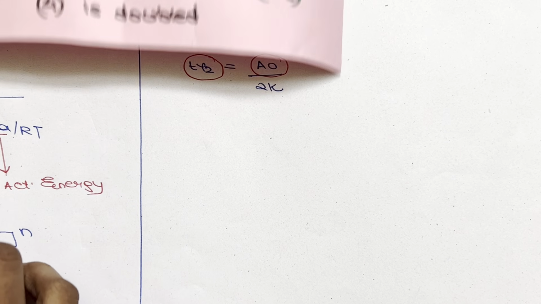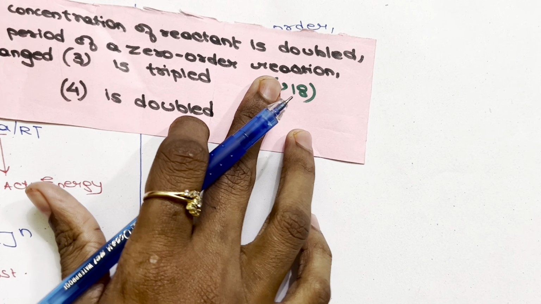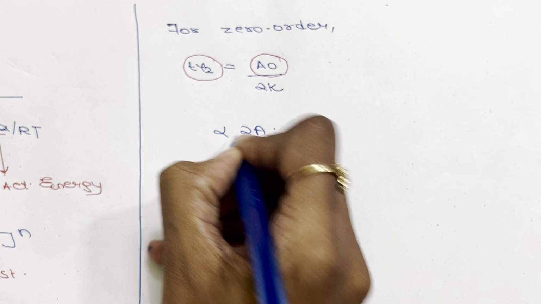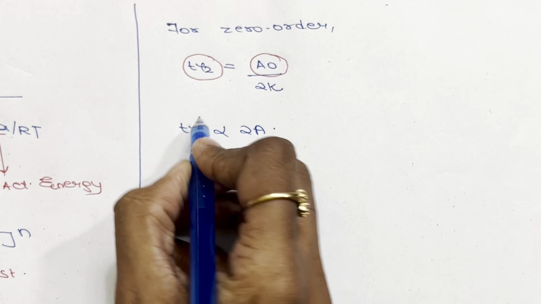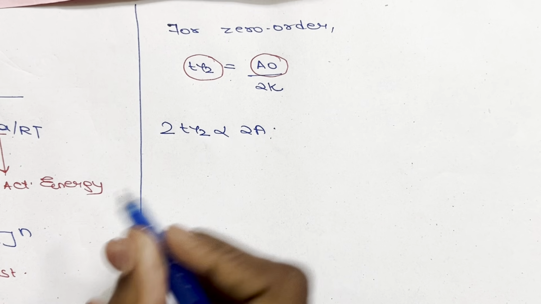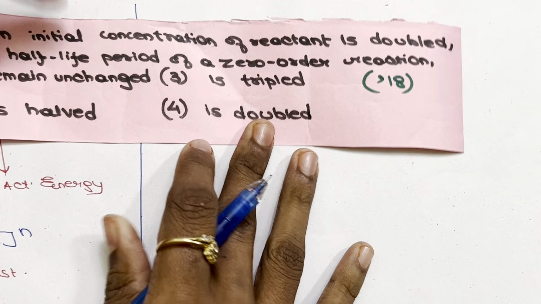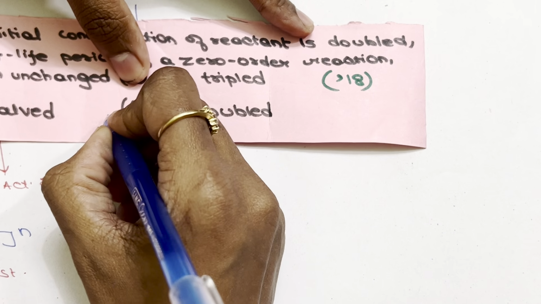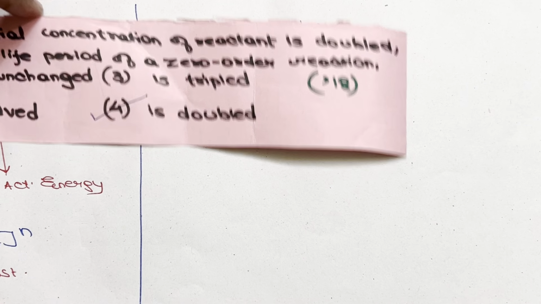As the reactant is doubled, obviously t half will also be doubled. So the answer is option number 4. As the reactant is doubled, the half-life is also doubled.